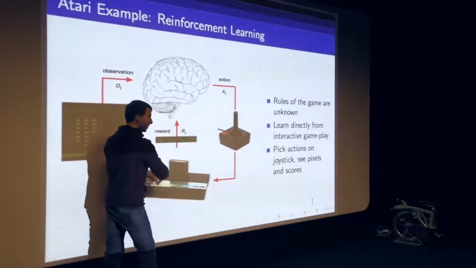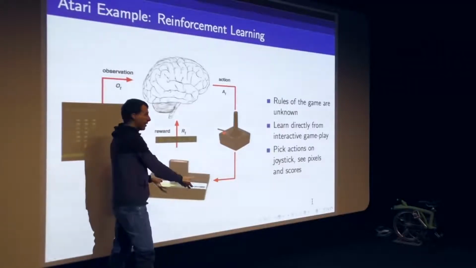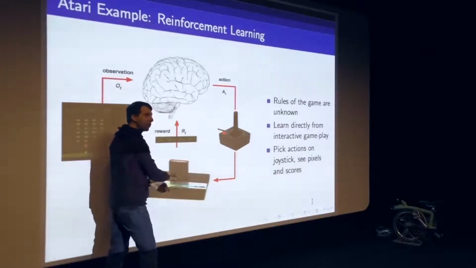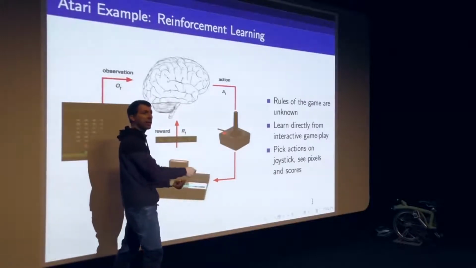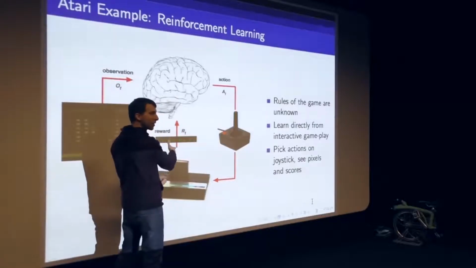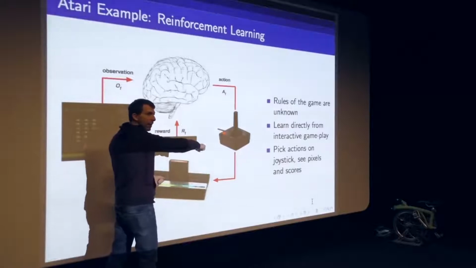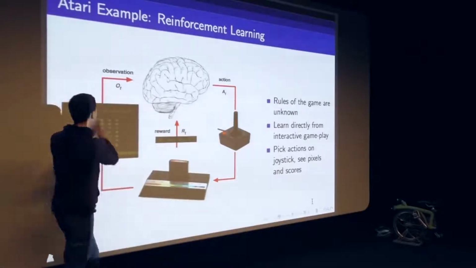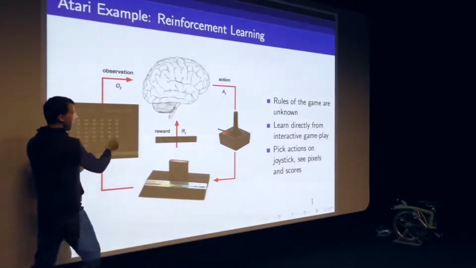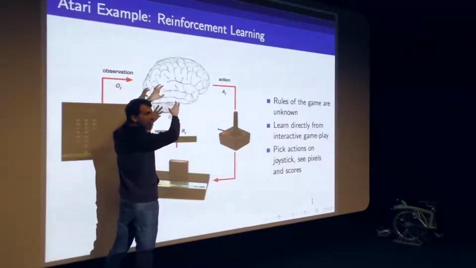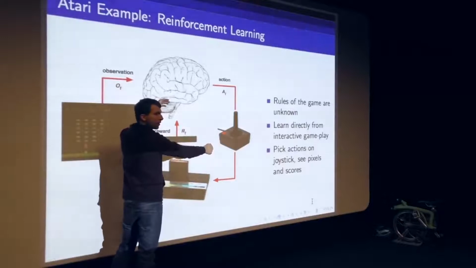The environment in this case is the actual machine, and it's got some cartridge in it which determines the rules of the game. We don't know what's on this cartridge. We don't get to see it. We don't know how it's picking the next screens that it's going to show us and the next scores. But that cartridge, given the actions that we take on our joystick, will determine both what it shows on the screen and also the score. Those things are fed into the agent, and it gets to take a new action as a result.